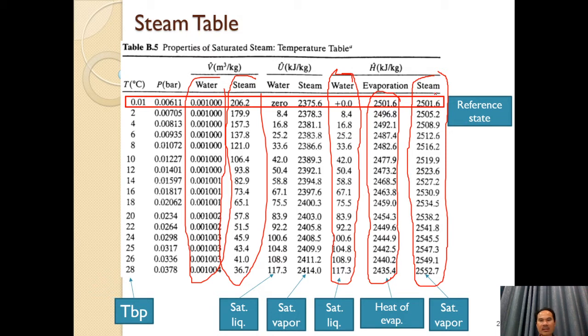For example, the steam is 2005 point 6 minus 0, you get this. The second one, at 2 Celsius, is 2005 point 2 minus 8.4, we get this. The heat of vaporization equals the enthalpy of saturated steam minus the enthalpy of saturated water.